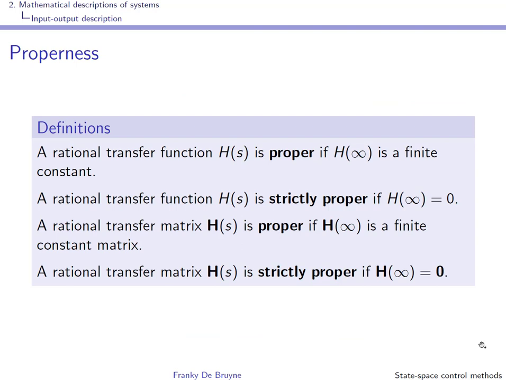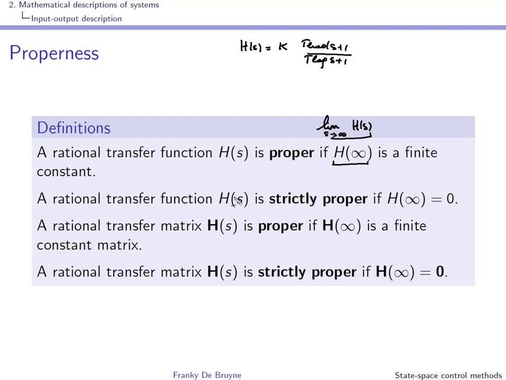A rational transfer function h of s is said to be proper if the following quantity, and that's just another way to write the limit when s tends to infinity of h of s, is a finite constant. For instance, the following system, k (T_lead s plus 1) over (T_lag s plus 1), so it's a lead lag system, that's a proper transfer function.